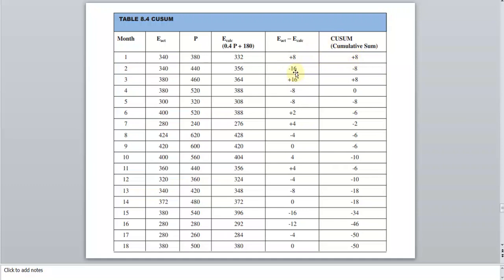The value here will be plus 8 and minus 16, which is minus 8. Again, the next data is plus 16. Here it will be minus 8 and plus 16, so it will be plus 8. And so on.